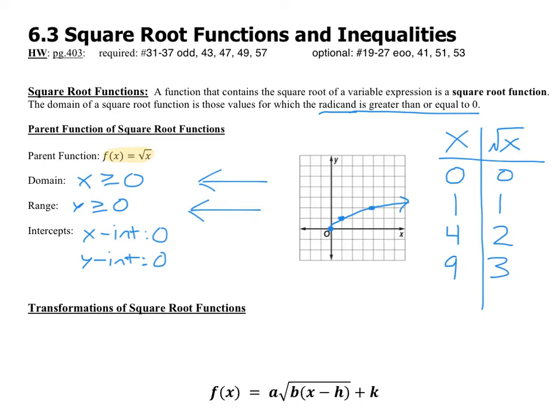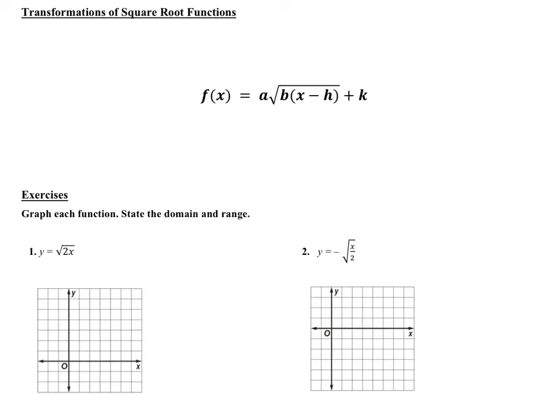All right, so now we're going to transform square root functions. All right, I won't write these down because we've learned them before. We know that the h value that I'm highlighting will shift the graph either to the left or to the right.